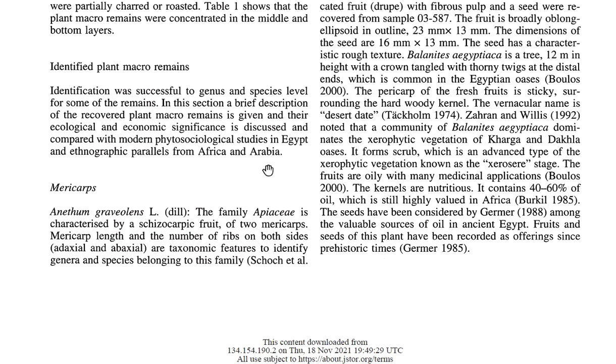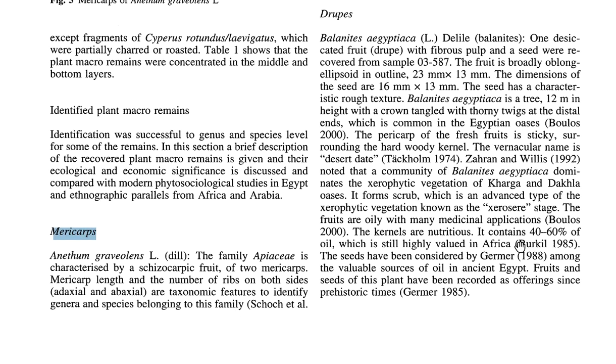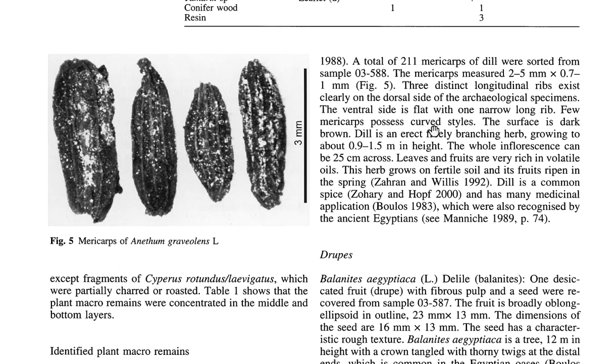You should certainly skim through, because it talks about the various items that were found in the bag. What I tend to do is when I don't know words, I look them up. You can put them in search engines, or it tells you right here that that particular genus and species is dill. And it tells you that they found dill.